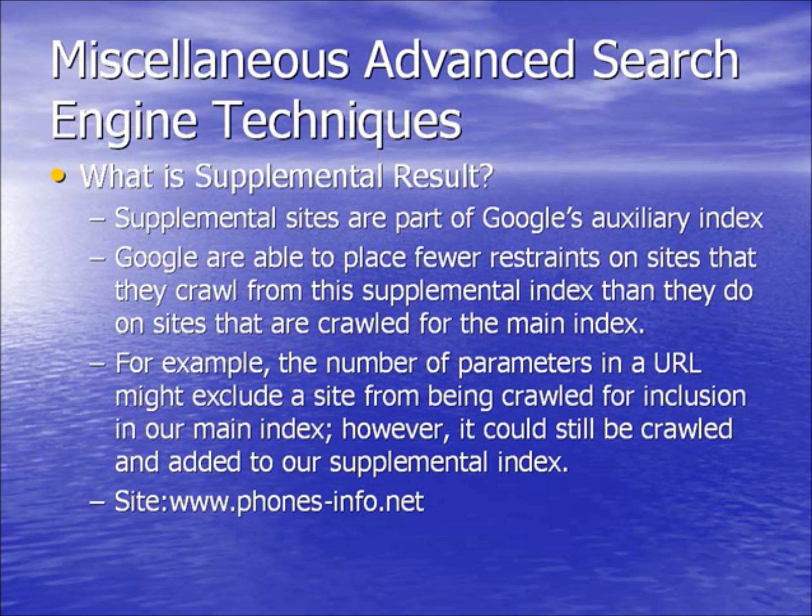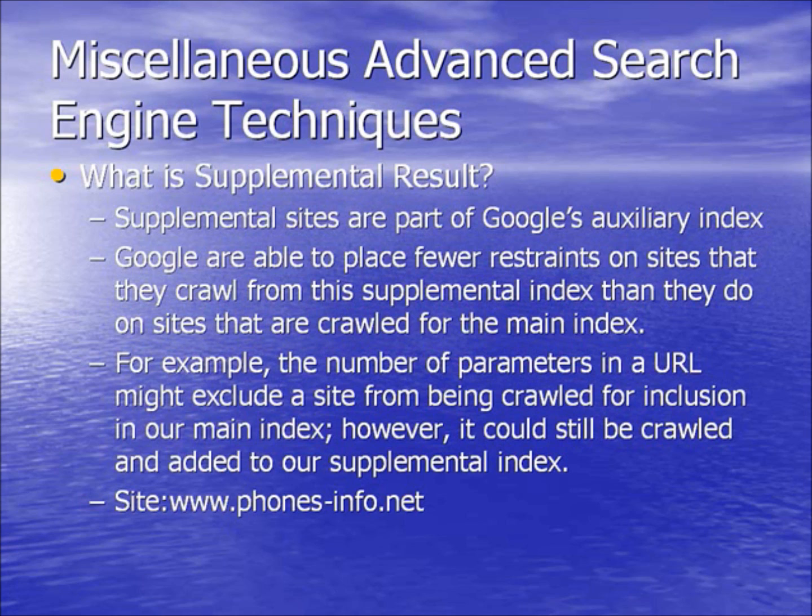So what is the supplemental index or supplemental result? Sites that appear in Google's supplemental or secondary index are called supplemental results. Google places fewer restrictions on the sites that appear in the supplemental results than on the sites that are in the main index.